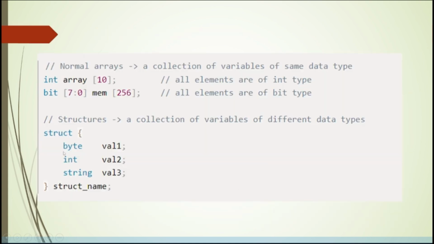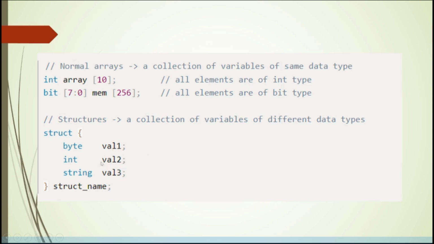Why? Because in a structure, you are assigning memory to all of value 1, value 2, value 3. But in a union, you are assigning memory to only value 2, and value 1 and value 3 will be sharing the memory location of value 2 itself.